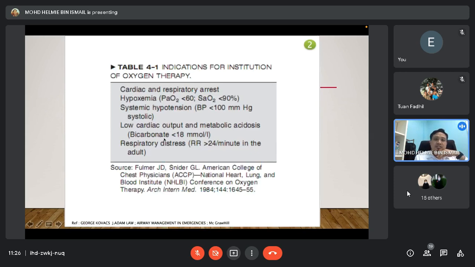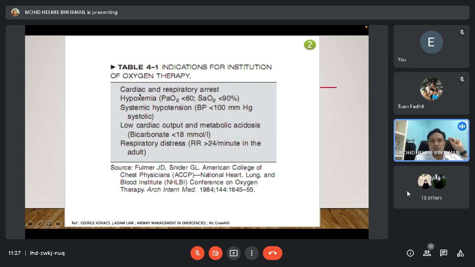So the indication for instituting oxygen therapy is hypoxemia. As you know from the oxygen dissociation curve, if less than 60 or 90, it will drop very dramatically. Alright. For systemic hypotension, systolic BP less than 100 is one of the indications.